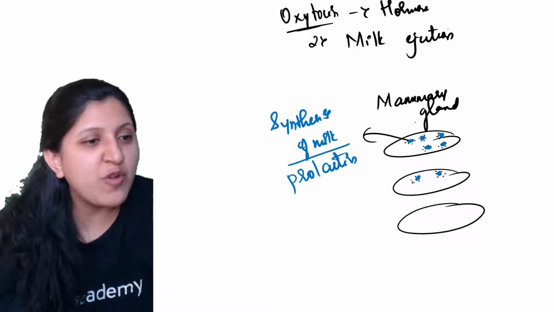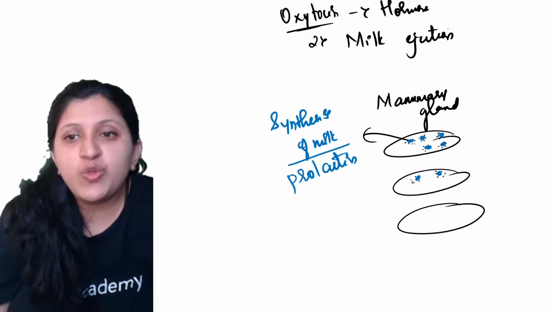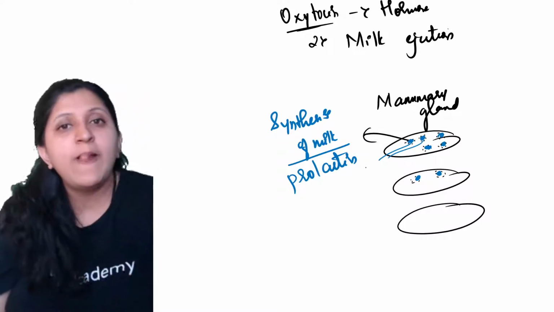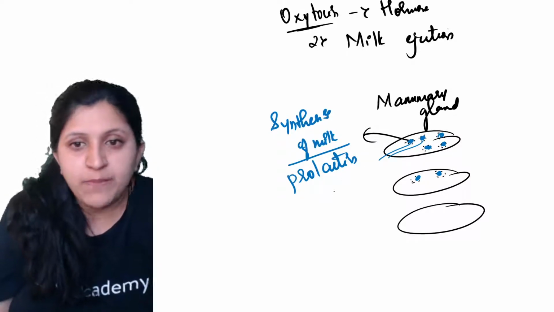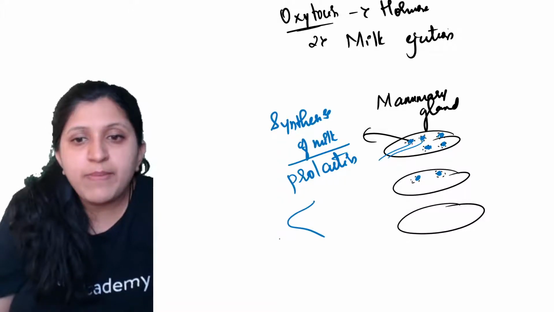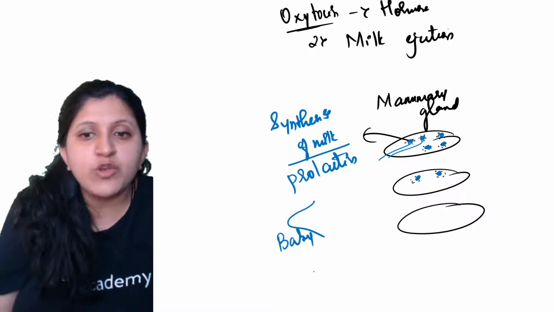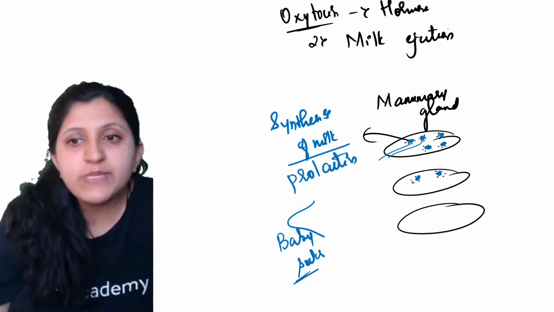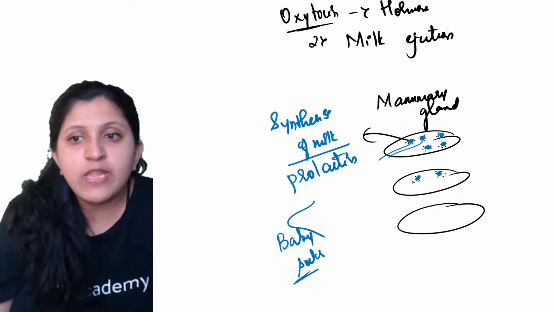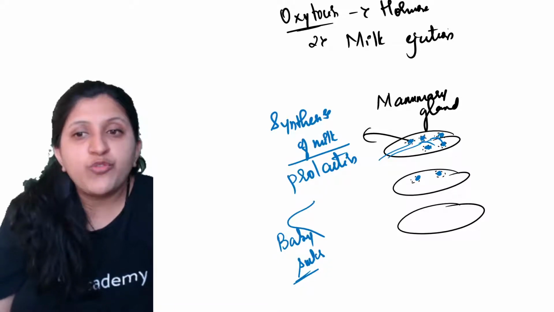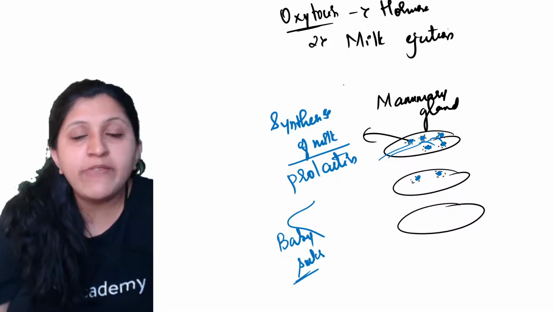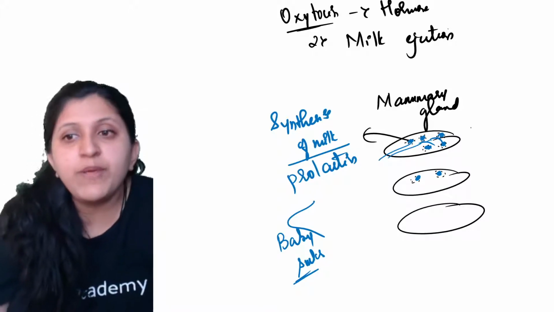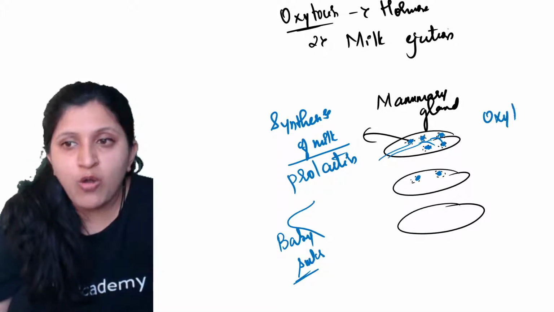Through the duct, when the baby sucks on to the mammary gland, that is the nipple, the mammary ducts are all connected, so they are going to release the milk from the alveoli, and the release of the milk will be done by the oxytocin.